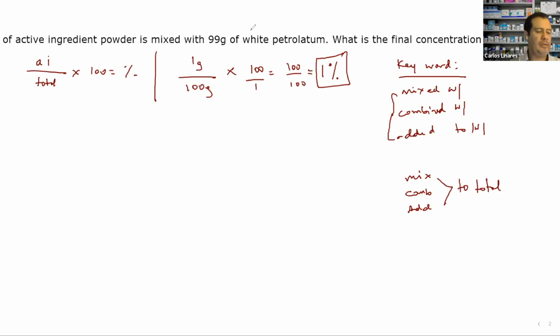Let's look at another one here. We have the compound that says 1.2 grams of active ingredient powder is in a 120 grams compounded cream.